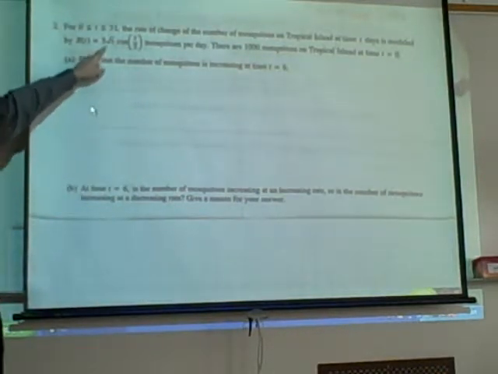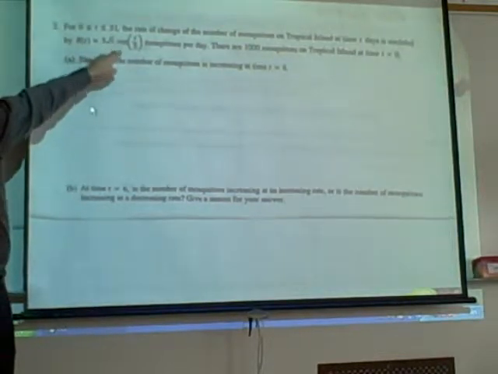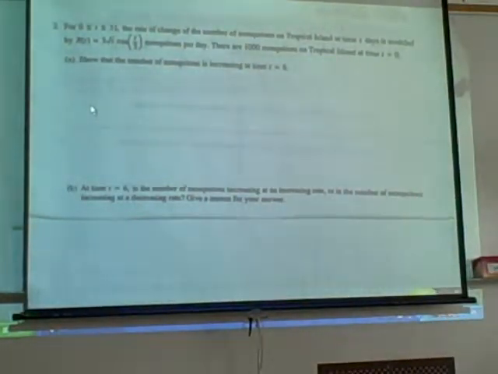So what I'd like you to do is go to your y equals, type in this equation: 5 square root of t times the cosine of t over 5. And then try to graph it on the domain 0 to 31.